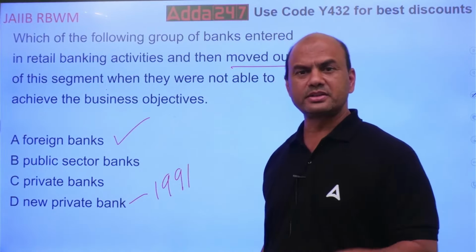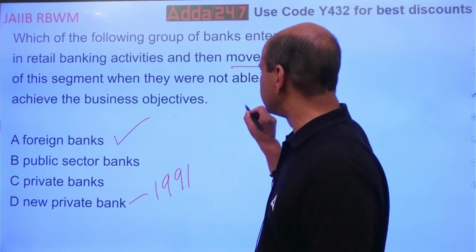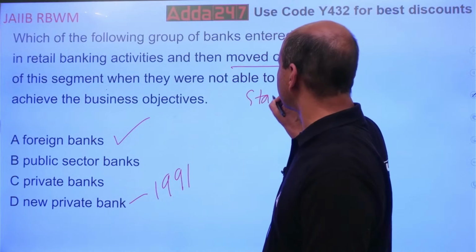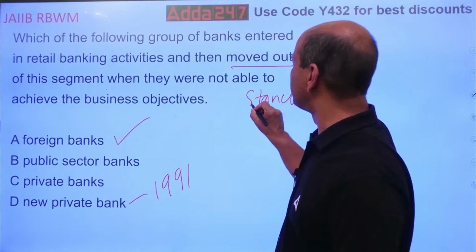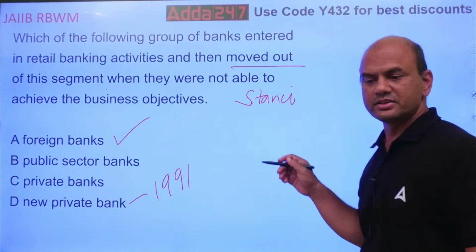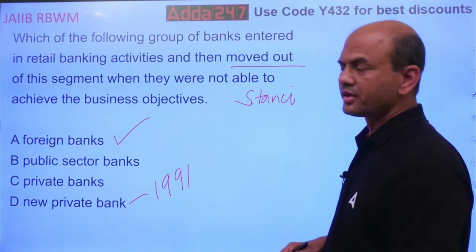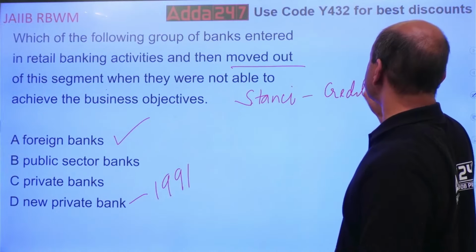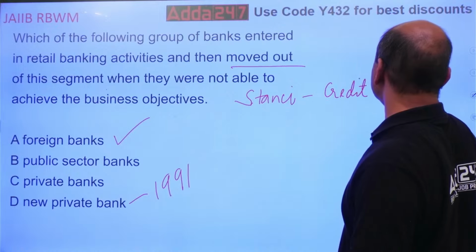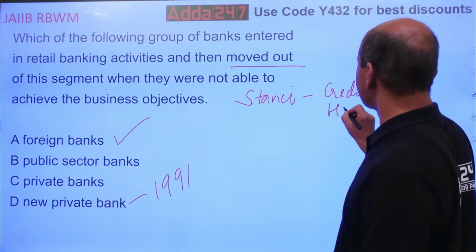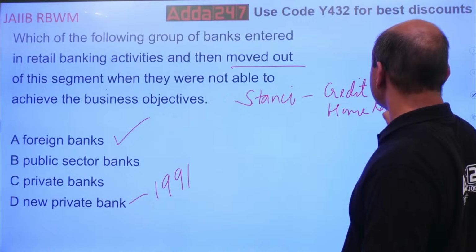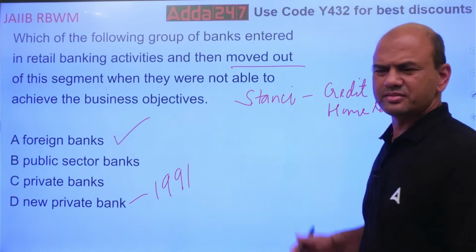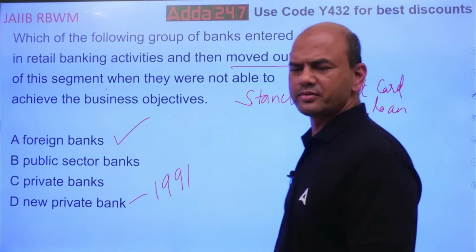I'll give an example: Standard Chartered. Stancy was a leader. We call Standard Chartered Stancy for short. Stancy was a leader in the credit card business, huge credit card and home loans, just up to 2011-12.